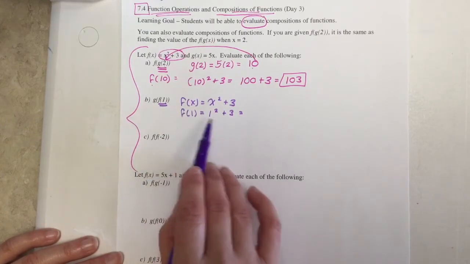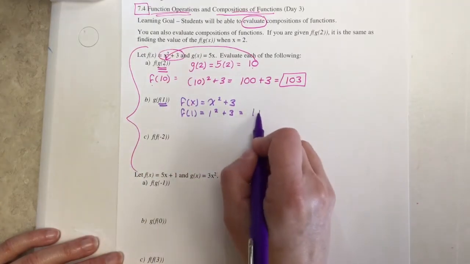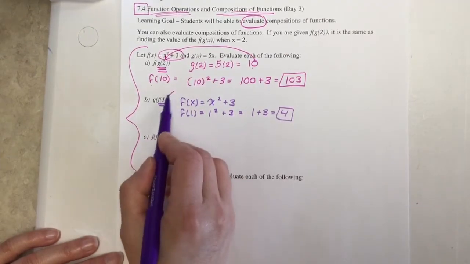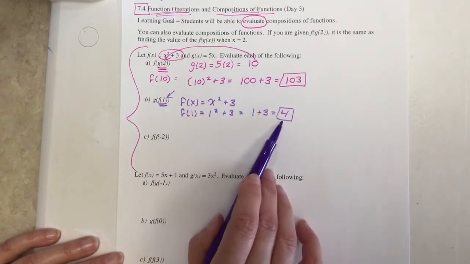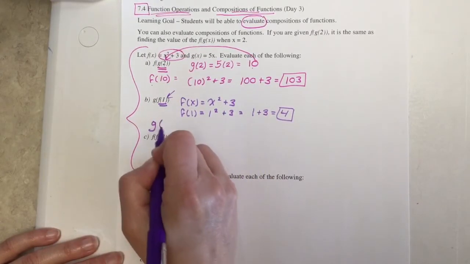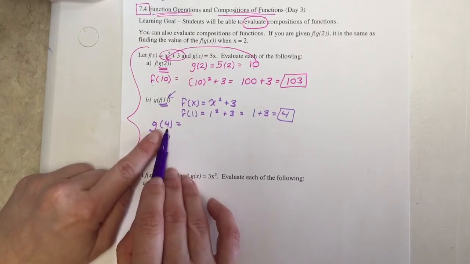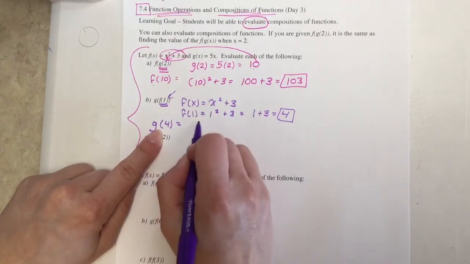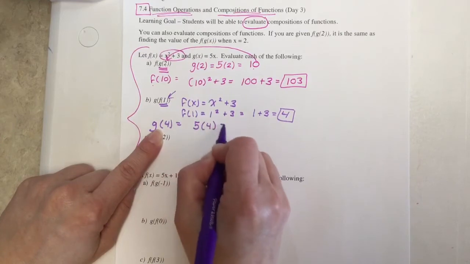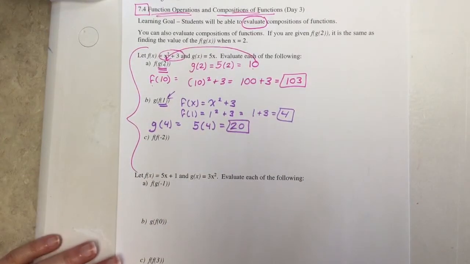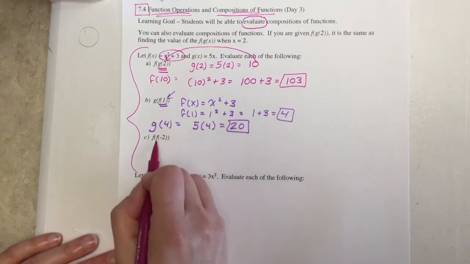Order of operations. 1 squared is 1. 1 plus 3 is 4. So f of 1, what's on the inside, is actually 4. So now I can write it as g of 4. So now I go to the g function, and I replace the x with a 4. So it's 5 times 4 equals 20. Done.